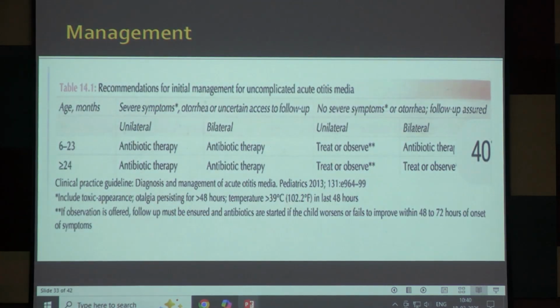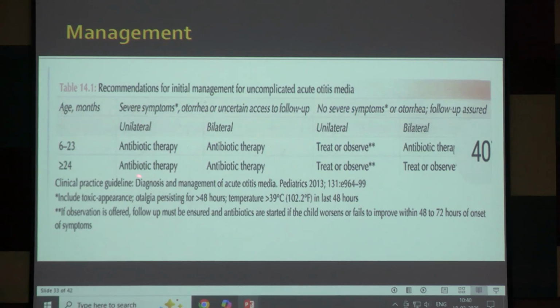Management: it is most commonly seen in children less than 2 years old. So there are two groups, 6 to 23 months and more than 2 years age group.